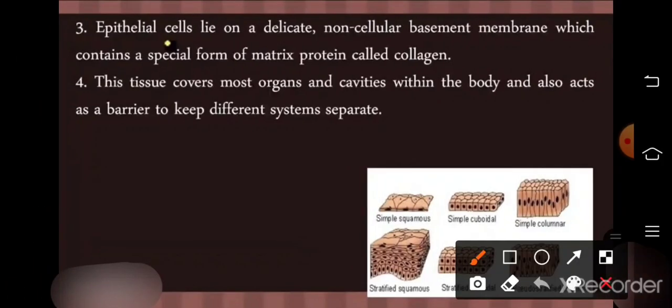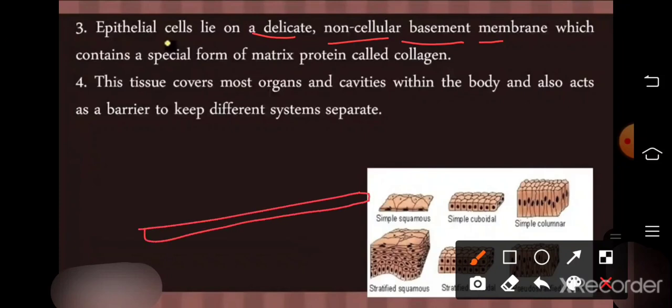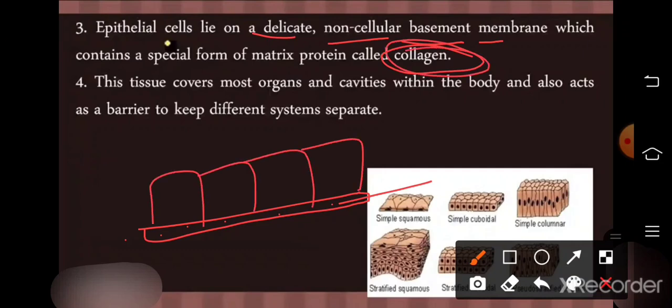Epithelial cells lie on a delicate non-cellular basement membrane which contains a special form of matrix protein called collagen. On this the epithelial tissues are present.